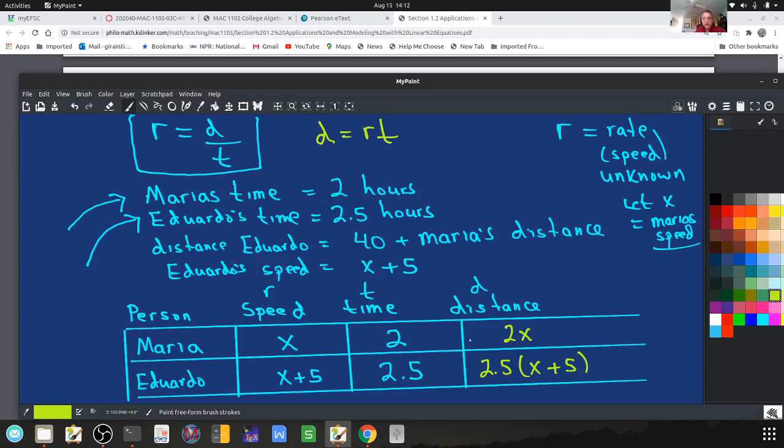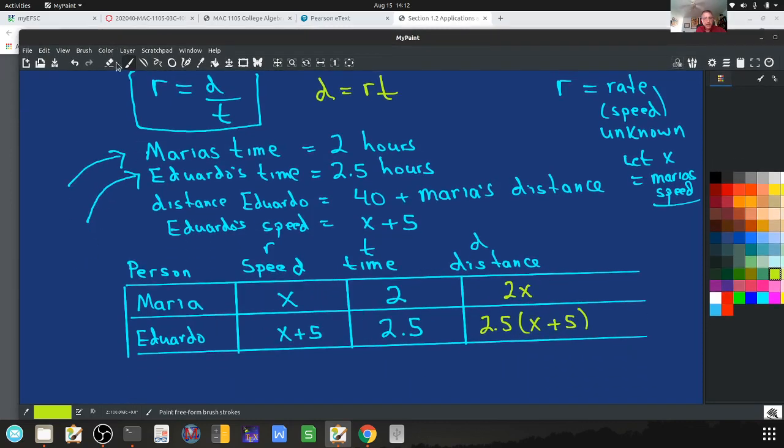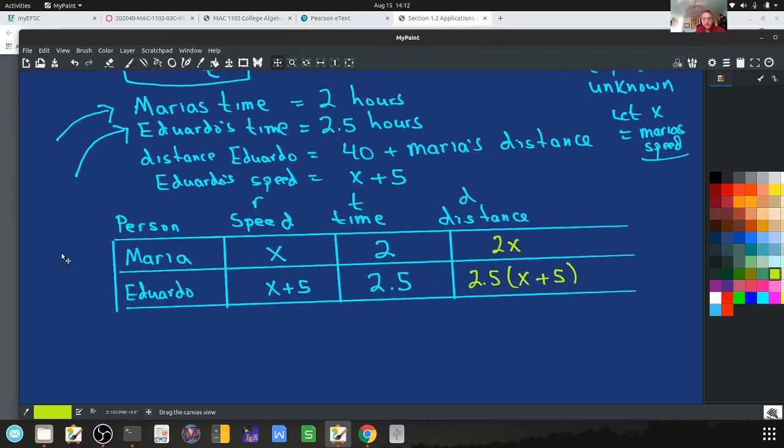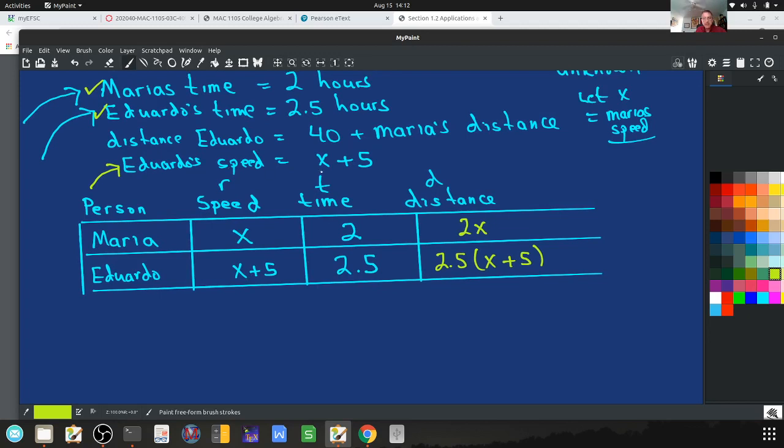So here we have almost everything needed to complete our equation. Maria's information is there, Eduardo's information is here, Eduardo's speed is here, Maria's speed is here.